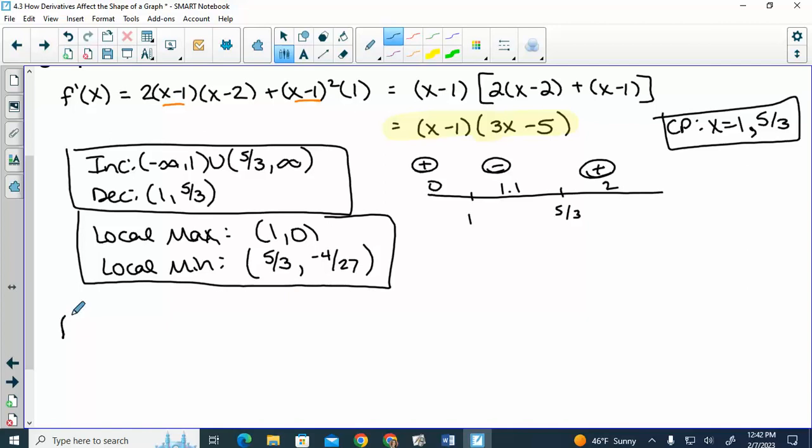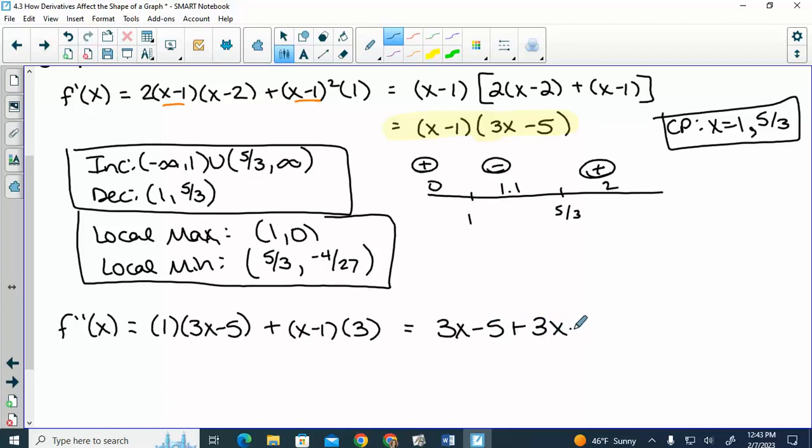Okay, so my second derivative, I'm going to do product rule. So derivative of the first, derivative of x minus 1 is 1 times the second. If you want to multiply it out and do it from there, you can. I'm just doing the product rule. So derivative of the first times the second plus the first times derivative of the second. So we get 3x minus 5 plus 3x minus 3.